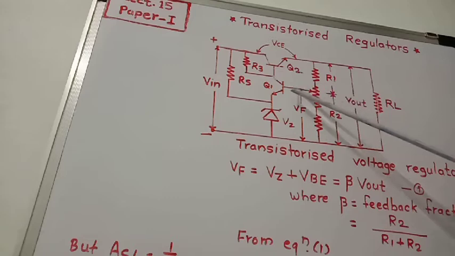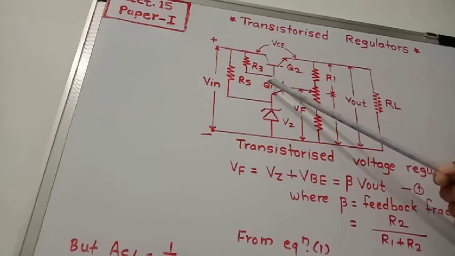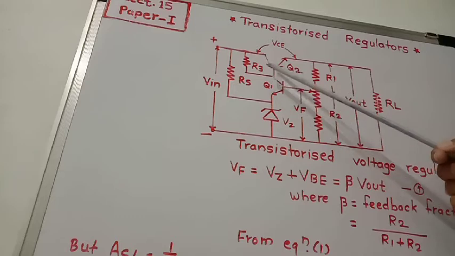Okay, as base voltage decreases, therefore collector voltage increases. Since collector voltage of transistor Q1 increases, base voltage of Q2 also increases.